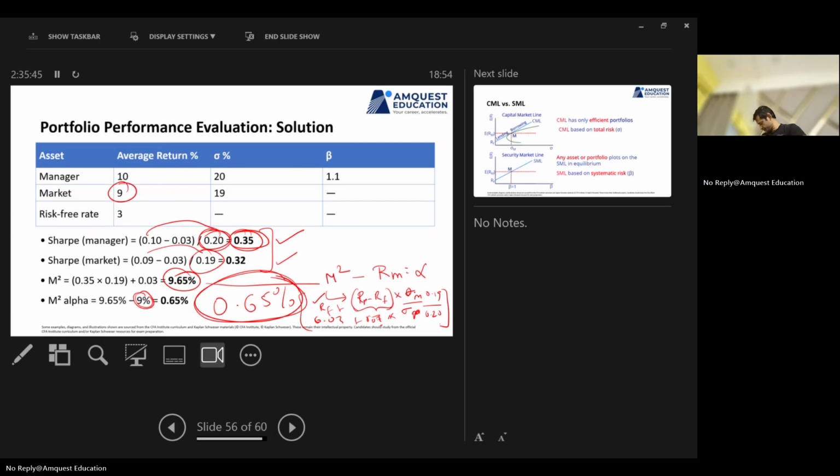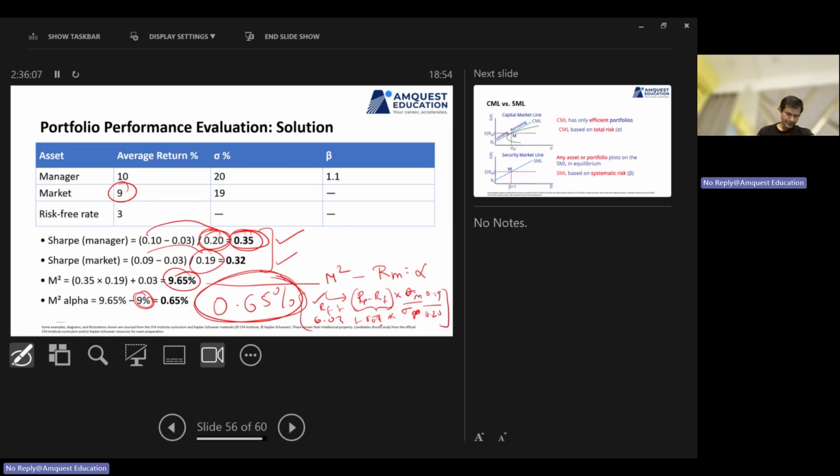Just one more question. In this case, we found out that M square equals 9.65%. So what do we compare it with? Do we compare it with the market return of 9%? For M square, 9.65.